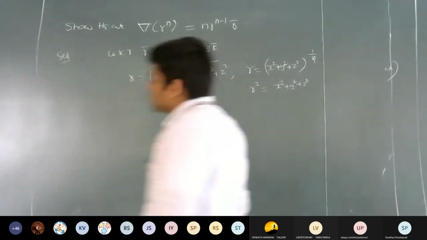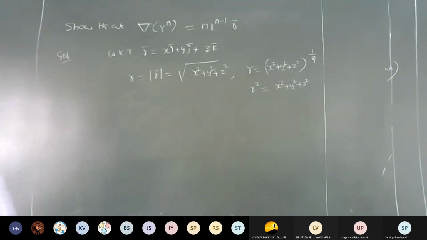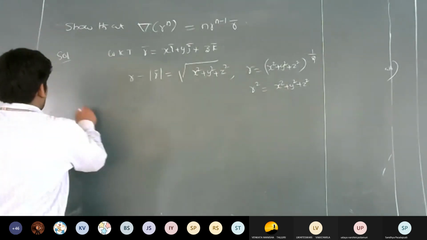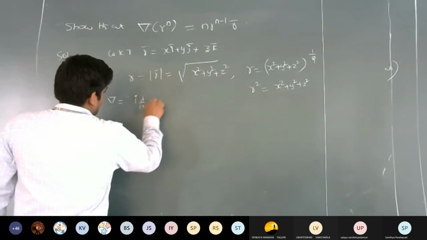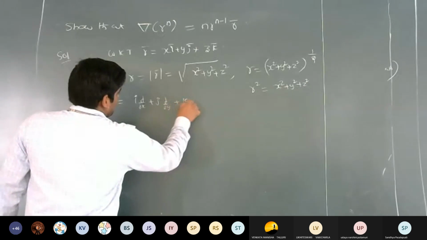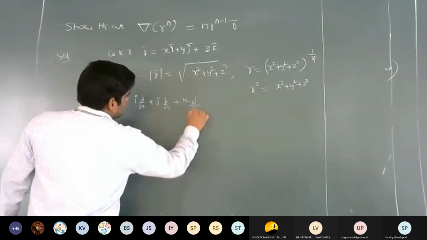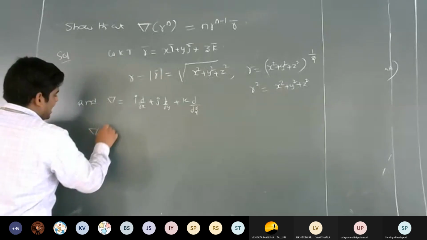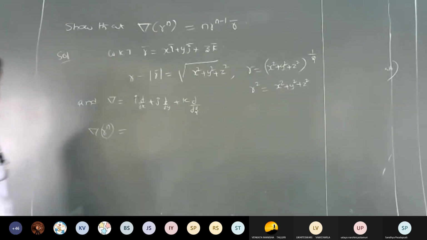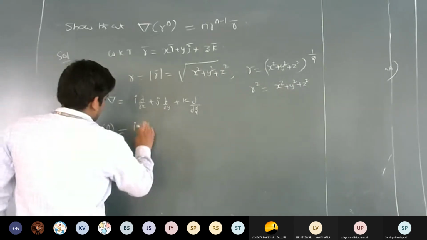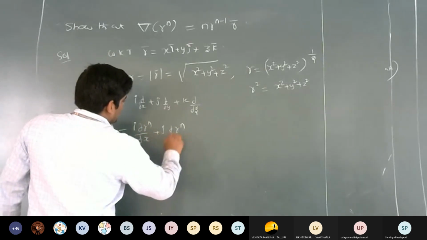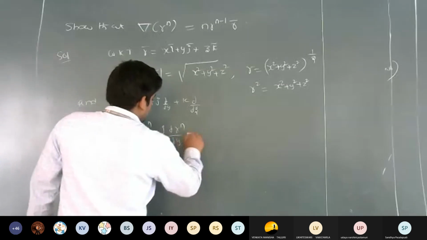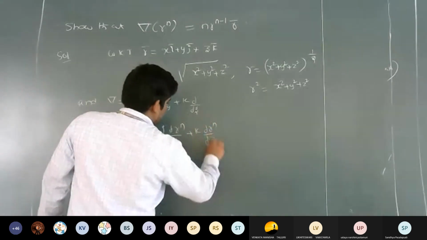Now we are going to calculate the gradient of the scalar r power n. What is del? Del is i dou by dou x plus j dou by dou y plus k dou by dou z. So del of r power n is i dou r power n by dou x plus j dou r power n by dou y plus k dou r power n by dou z.